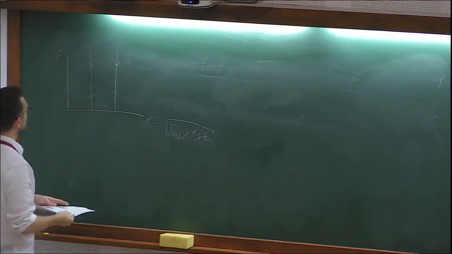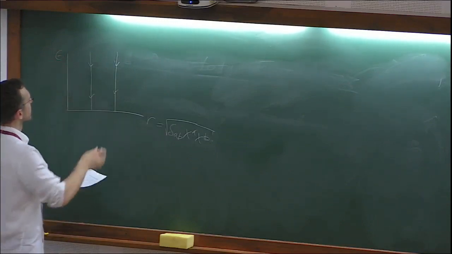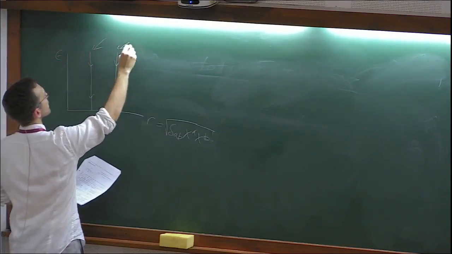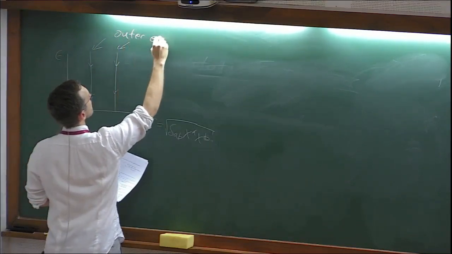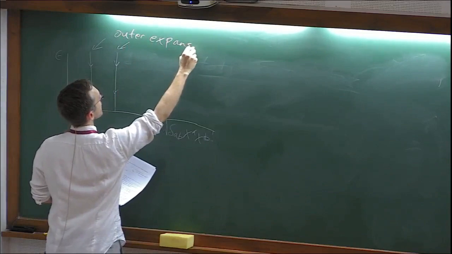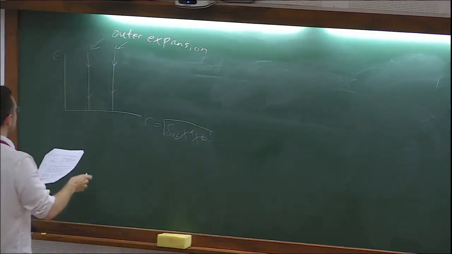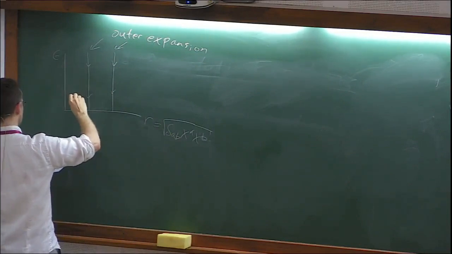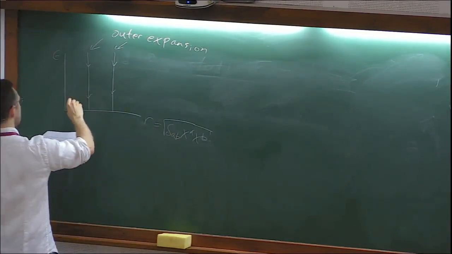Well, the outer expansion is just taking epsilon down to 0 at fixed values of r. So this is the limit in which the outer expansion is taken, whereas the inner expansion is at fixed values of r divided by epsilon.